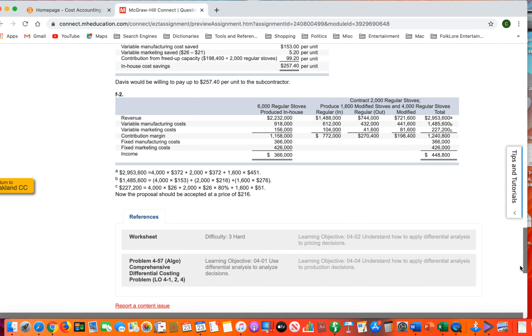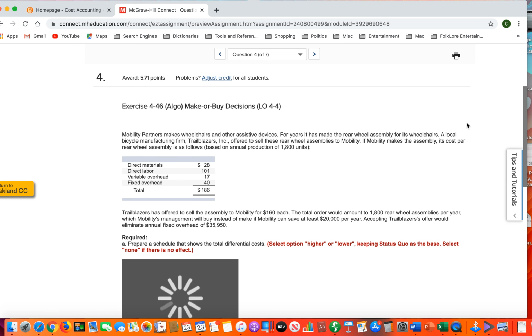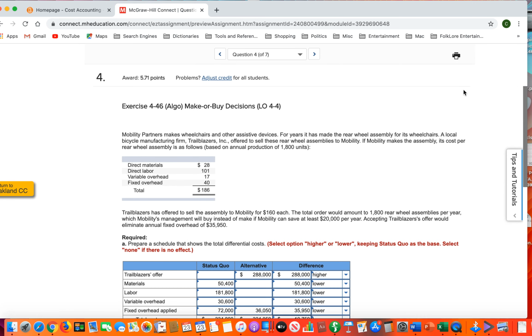Okay, let's go to the next one, which is number 4. And number 4 had to do with, again, the wheelchairs.